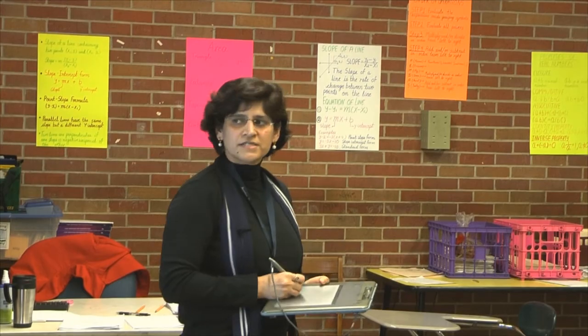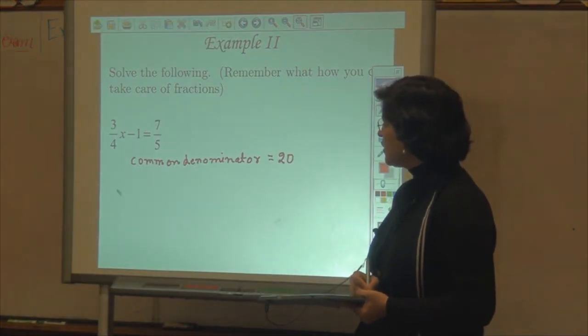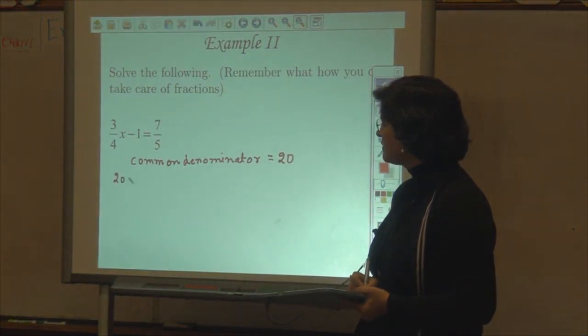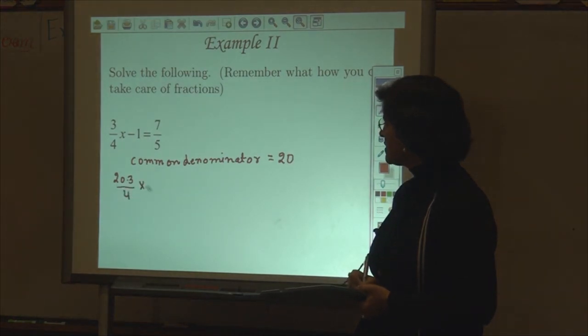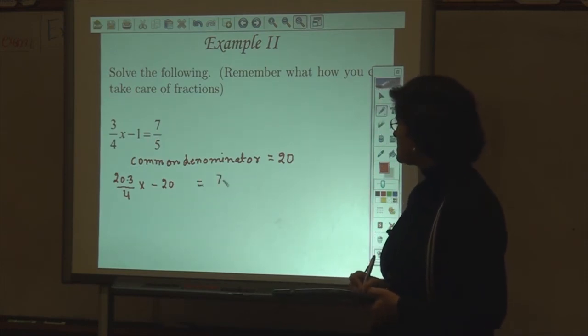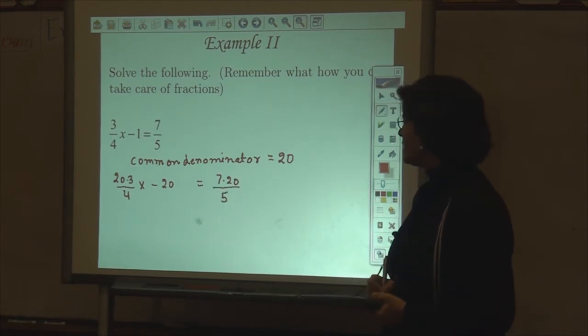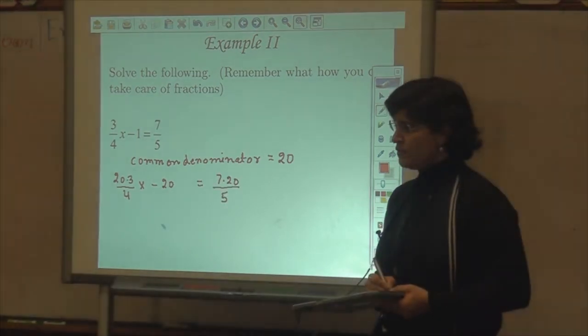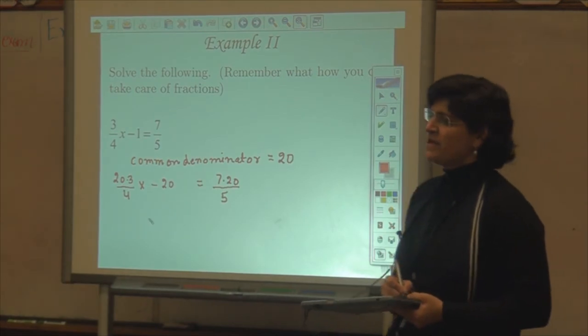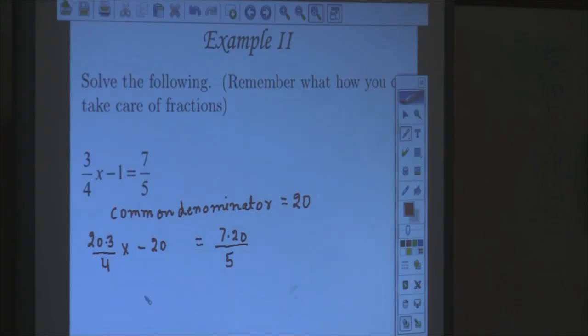And the skill here is to multiply your right side everywhere by this 20 and multiply your left side everywhere by 20. So let's multiply. I multiplied the left by 20 and I'm multiplying the right by 20. Once you multiply, it becomes very easy to work with fractions.